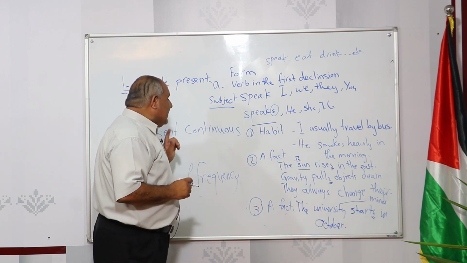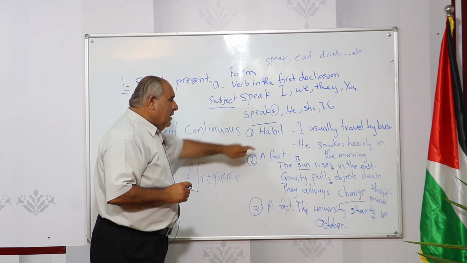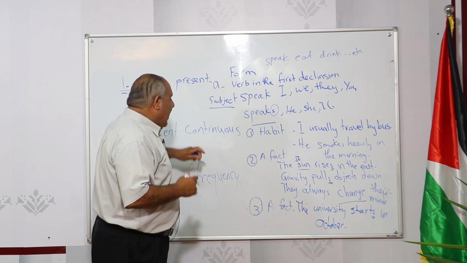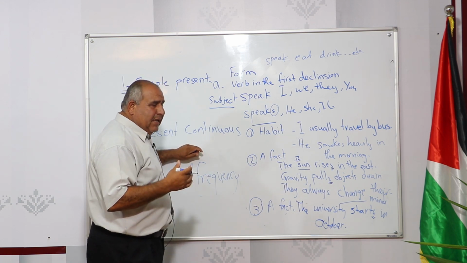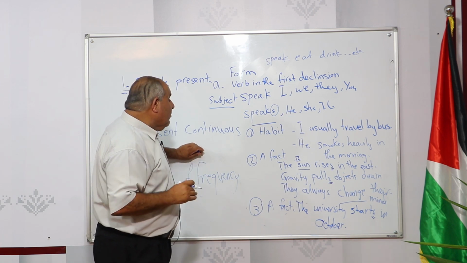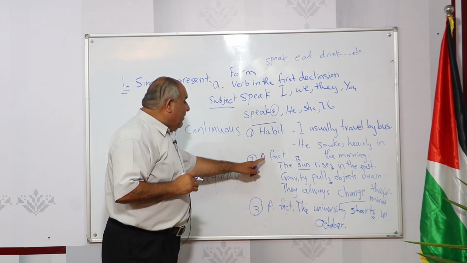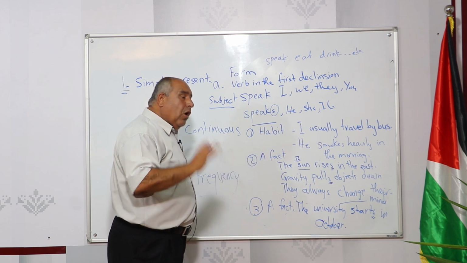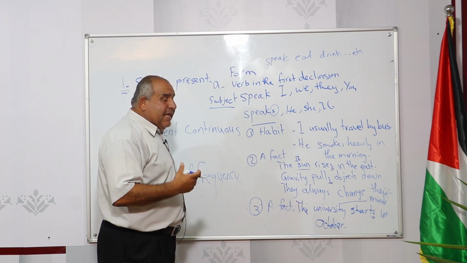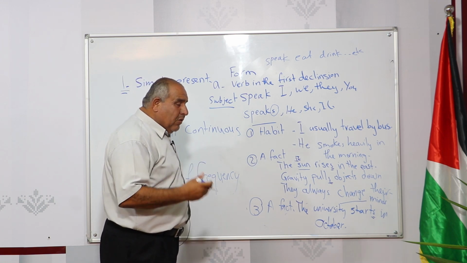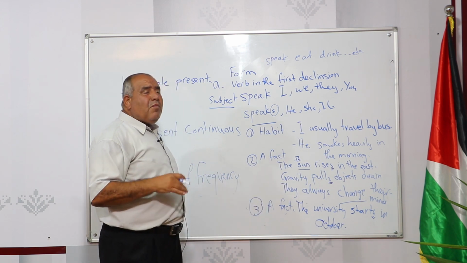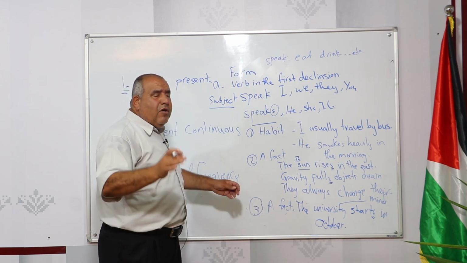The simple present expresses, number 1, a habit that happens all the time, because now you know that a person gets accustomed to certain habits, to certain behaviors in almost most of his time. Number 2, it's a fact that always happens. We live our lives now, and it seems that it happens and occurs again and again. Number 3, a fact that happens most of the time or over a long period of time.